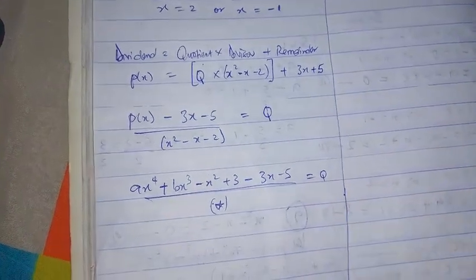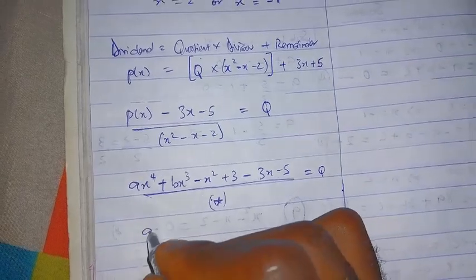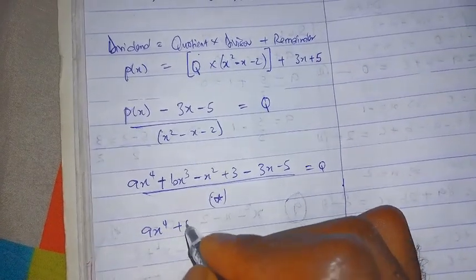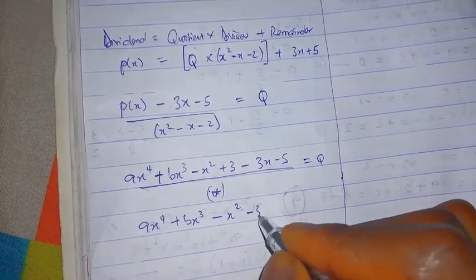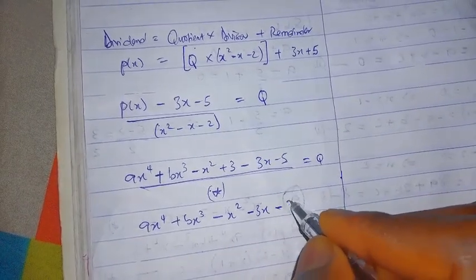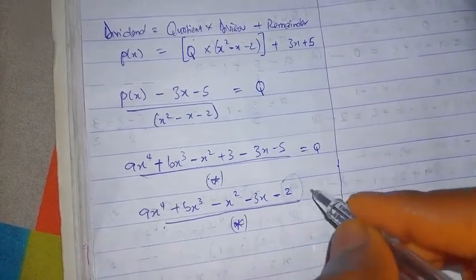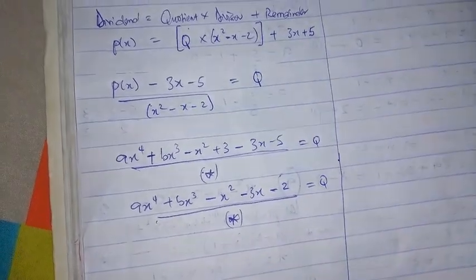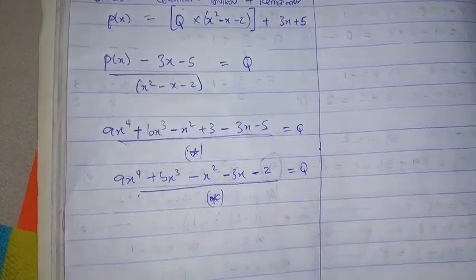If this is what I have, collecting like terms up here leaves me with ax raised to power 4 plus bx cubed minus x squared minus 3x minus 2, over star, equals q. It means if I divide this by star, I will get q as my answer.